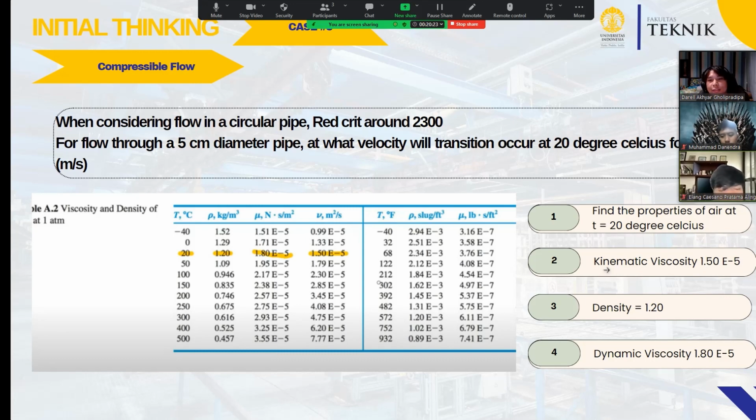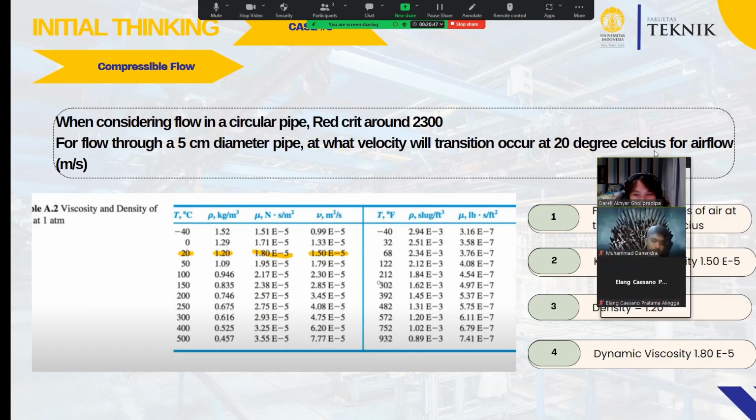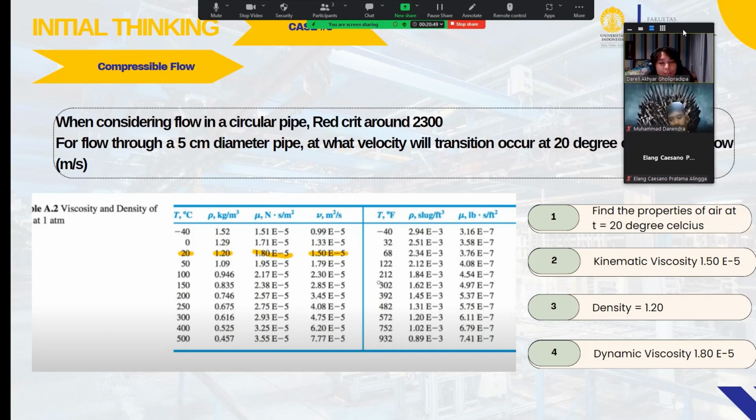Okay, so now we are moving on to the compressible flow, and the intention is that we are solving a mechanical fluids equation to learn about it. The problem is: considering flow in a circular pipe, Re is critical at around 2300. For flow through a 5 cm diameter pipe, at what velocity will transition occur at 20 degrees Celsius for airflow? So we are talking about air.